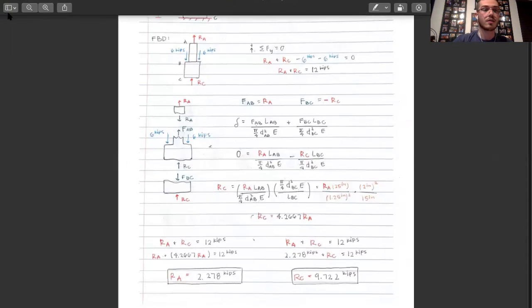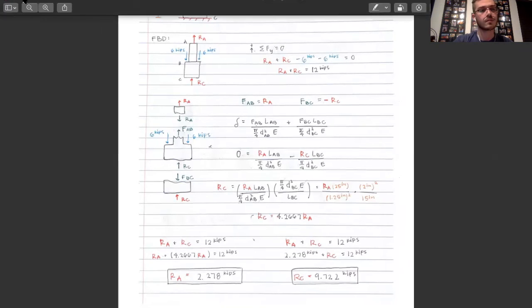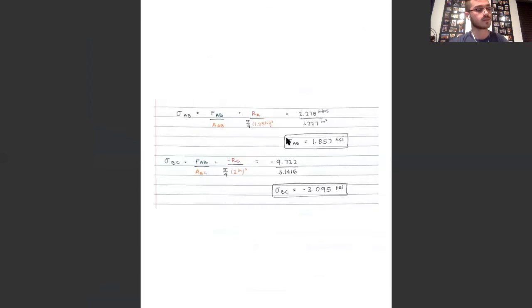And if we proceed to part B, we are going to find the normal stress in each portion, in this case, portion AB and BC.